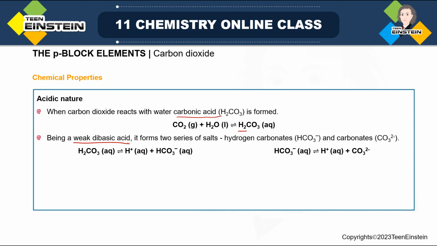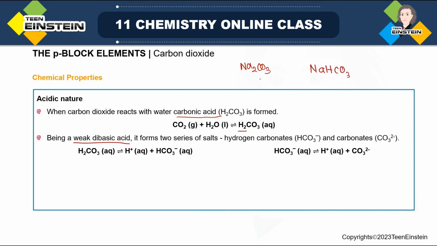And it can form two series of salts. And these salts you have already seen in case of alkali metals and alkaline earth metals. So now you will understand where those anions come from. Suppose I am saying Na2CO3, sodium carbonate, that we have seen in the s-block chapter in group 1, or I am saying NaHCO3.